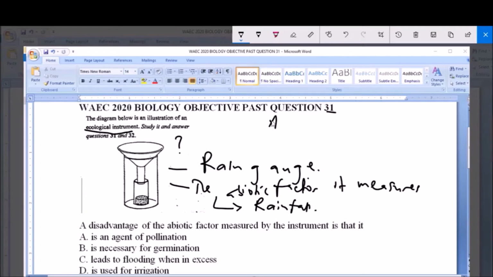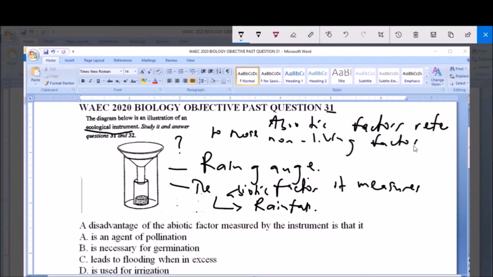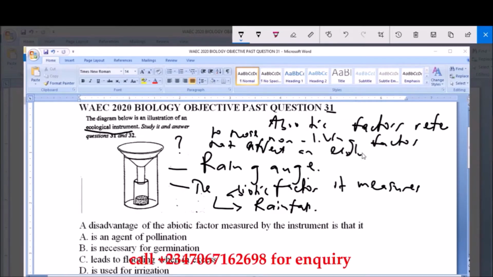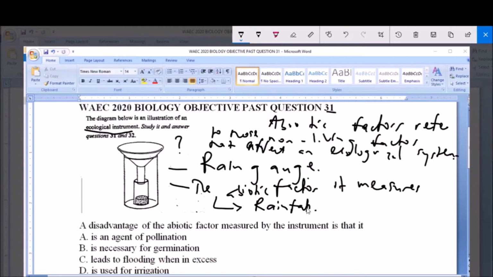And of course, abiotic factors refer to those non-living factors that affect an ecological system. So rainfall, of course, is not a living factor, so it is abiotic.